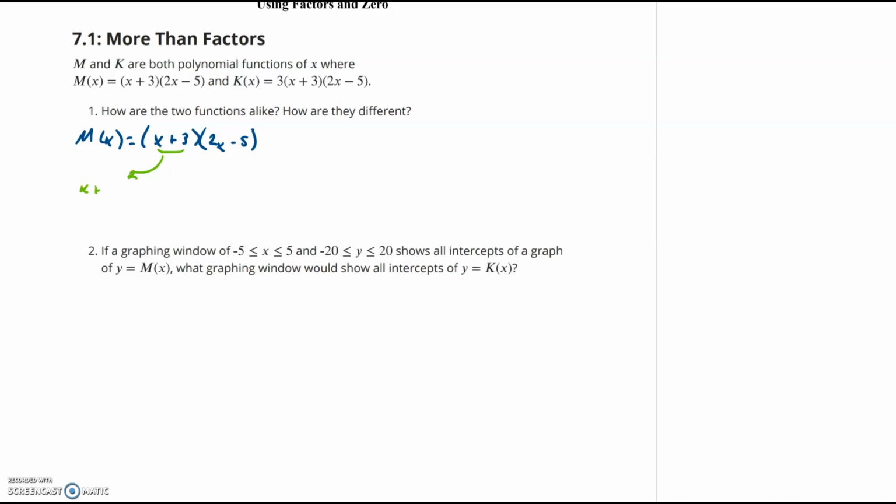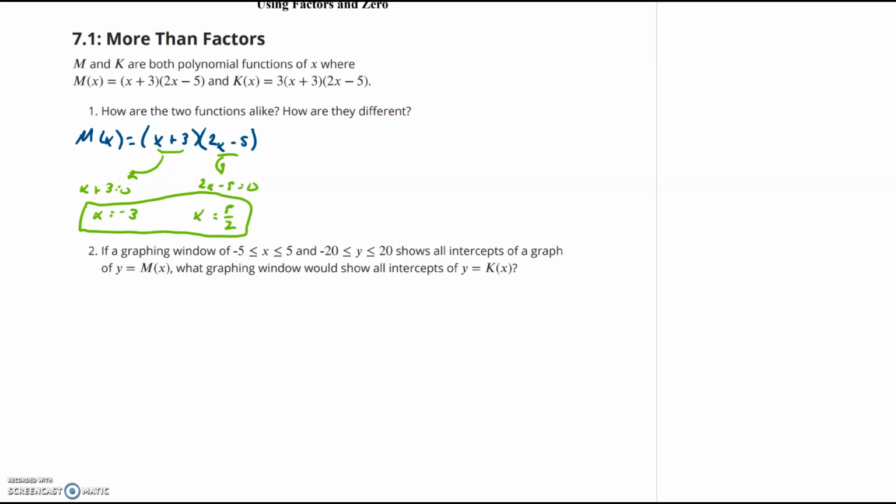For x plus 3 equals 0, one of the zeros is negative 3. The other zero is 2x minus 5, set it equal to 0, solve this, and I would get x is equal to 5 halves. So one of the zeros is negative 3, one of the zeros is 5 halves, and these are also the x-intercepts.